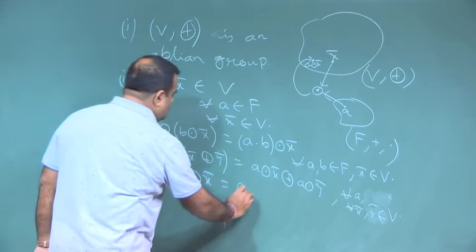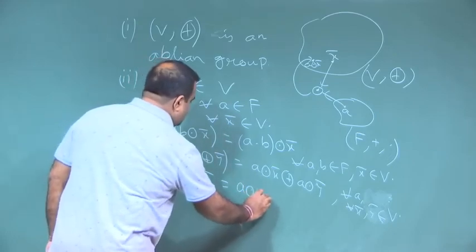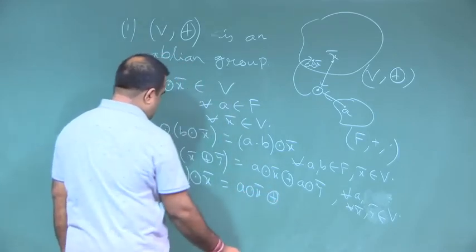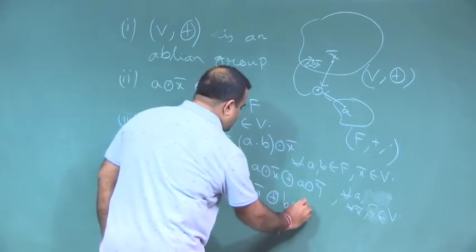So, this will be equal to A operate with X, plus B operate with X, where this plus is the vector plus.